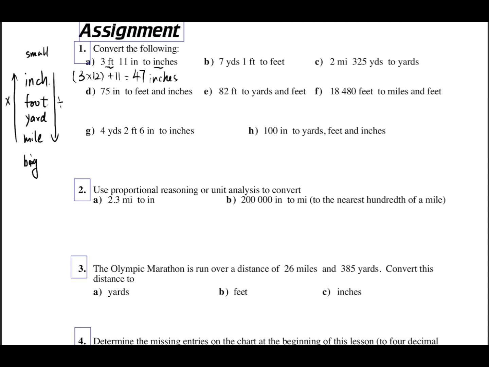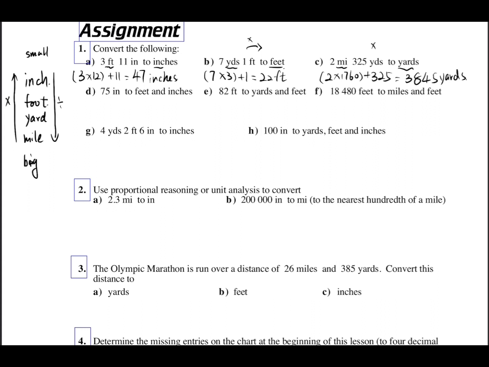For B, for the yard, 2 feet, this one is big to small, so we use multiplication: 7 times 3 plus 1 equals 22 feet. And for C, mile to yards, it's big to small, so we use multiplication: 2 times 1000 and then plus 325 equals 3845 yards.